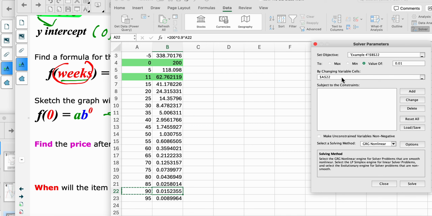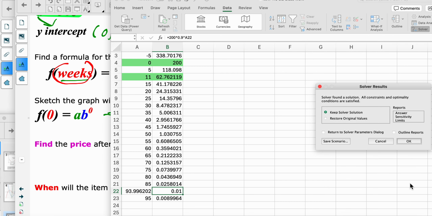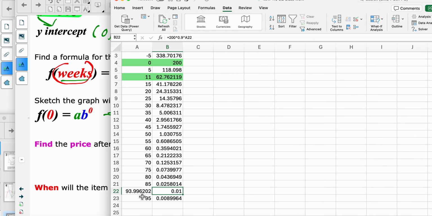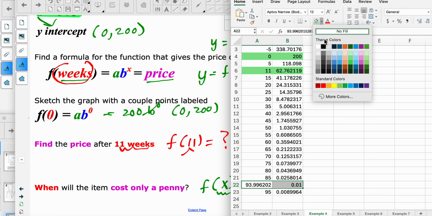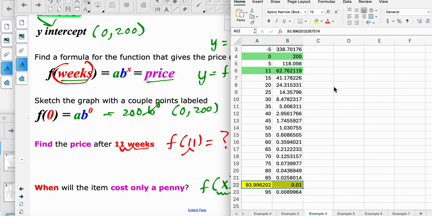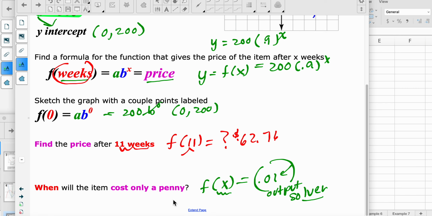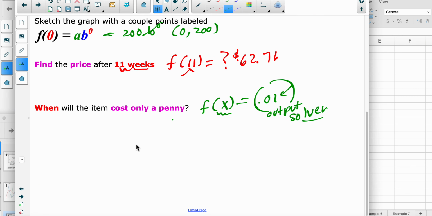That's my output, and I want to put my result in the input column. Okay, and I find that at about 94 weeks, my price would be 1 cent. So x equals 94 weeks. At 94 weeks, my price is equal to 0.01.